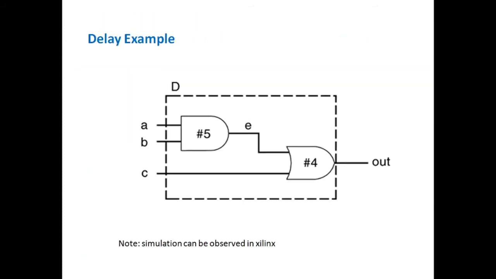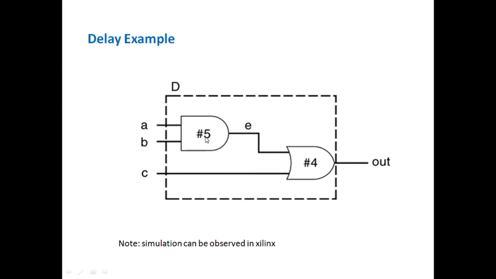In this example, the output of your AND gate is E and the inputs of the AND gate are A and B. That means 5 time units are required for the output to be produced at the AND gate. If the AND gate has to produce the output, it consumes 5 time units as soon as it receives the inputs.